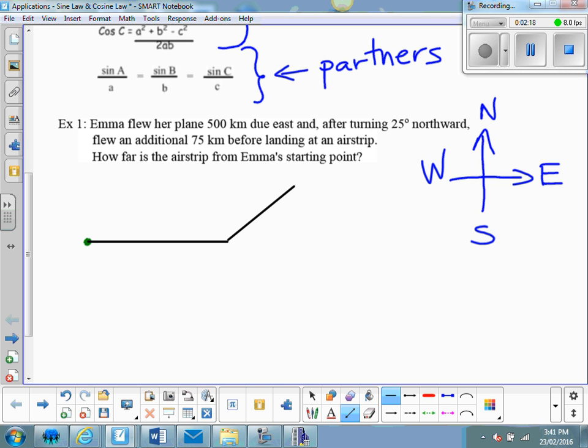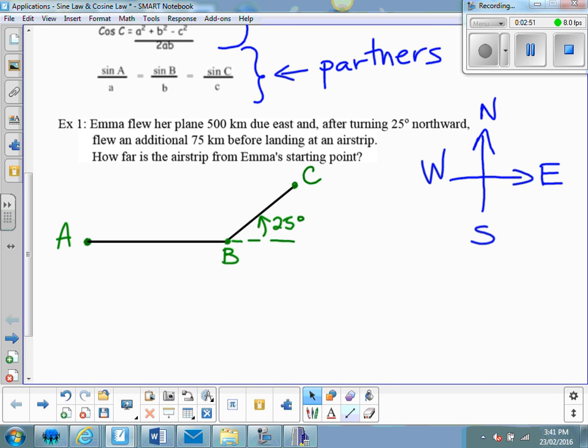Now let's try and fill in some information here. So we'll say she's starting at point A and flying to point B. Now it says she's turning 25 degrees northward, so if she was heading in this direction and then she turned 25 degrees towards the north, that's what that would look like. And she's flying to this point we'll call C.